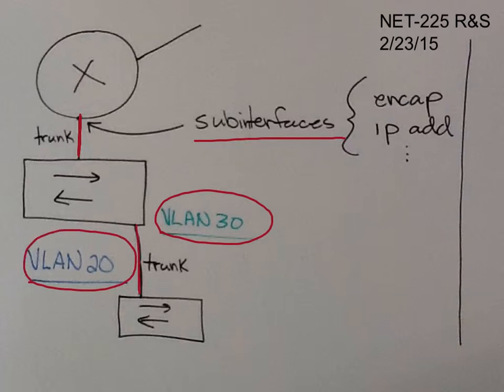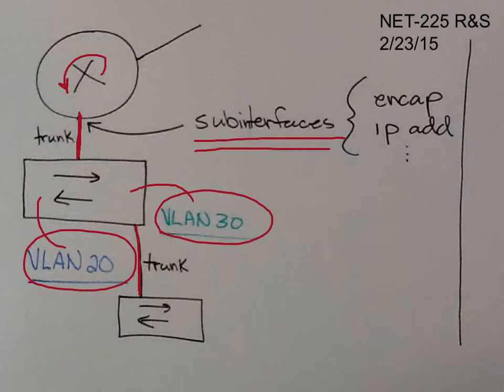Between the switches we have a trunk, and if you remember, if VLAN 30 wants to communicate to a network on VLAN 20, they would have to go through the router and get routed inside the router, and then the information would come back to the correct VLAN. We create sub interfaces.